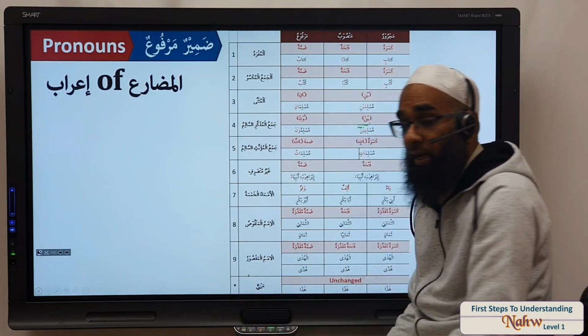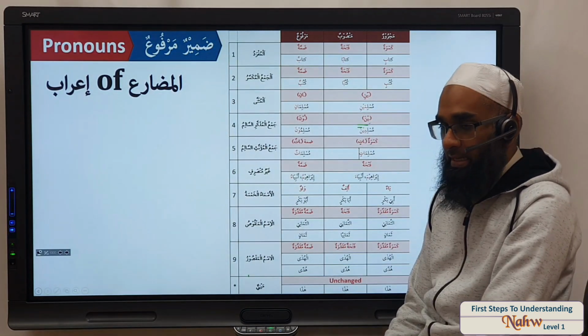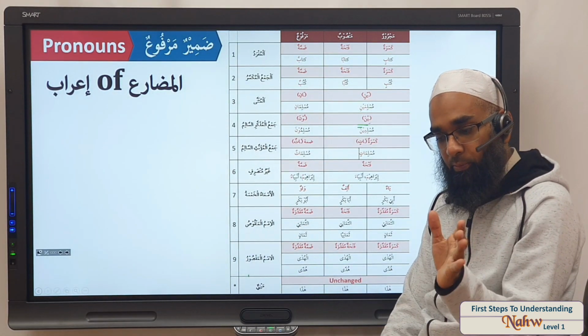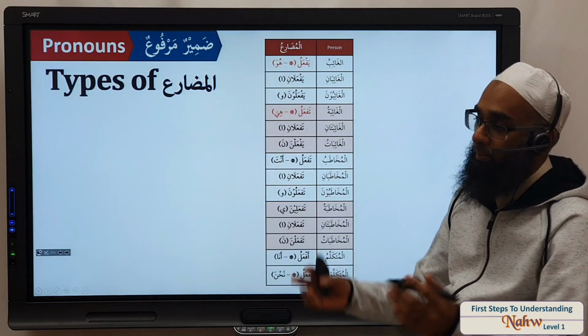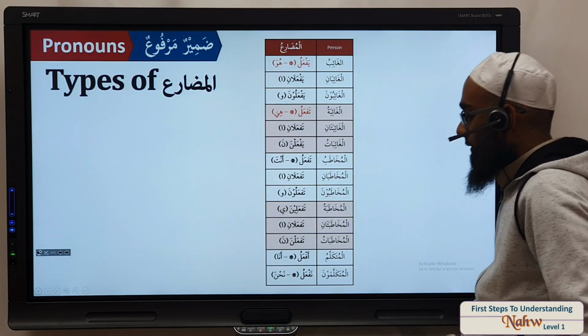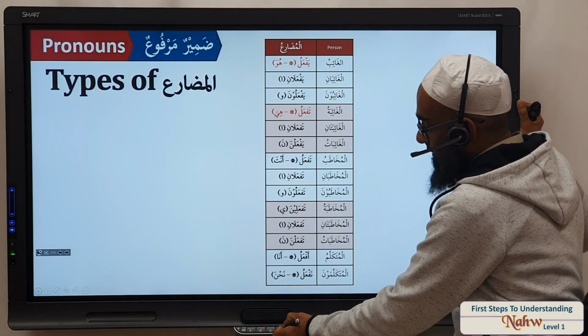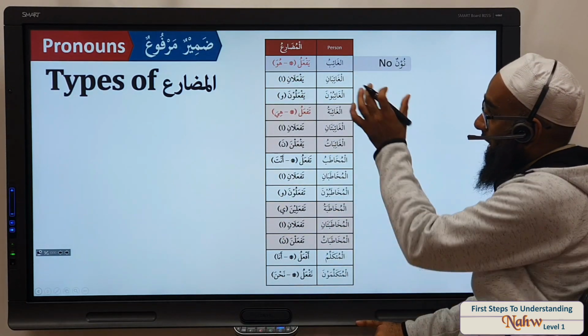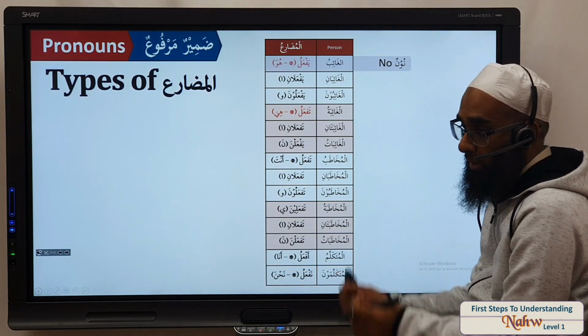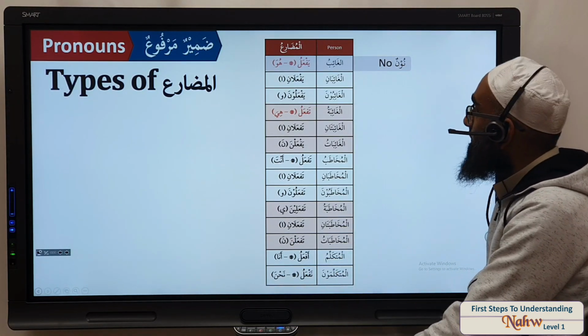So similarly, the point I was trying to refer to is that the same way you have different types of nouns, we also have different types of mudari, as I mentioned before. And if you look, we can categorize them into, look, does it have a noon at the end? The ghaib, yaf'alu. It has no noon at the end.